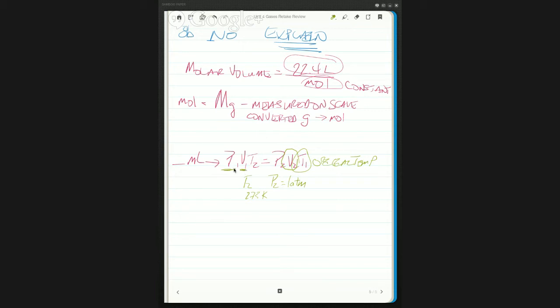So V1, why don't I do this? They're directly proportional. V1 to V2, directly proportional. So what if your measured volume is larger? If measured is larger, then your corrected volume is larger. And that corrected number is what goes on top.